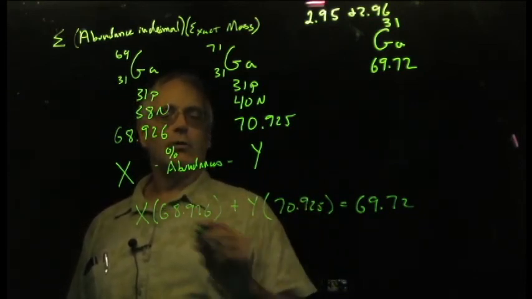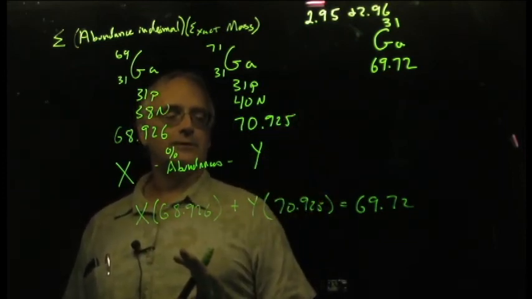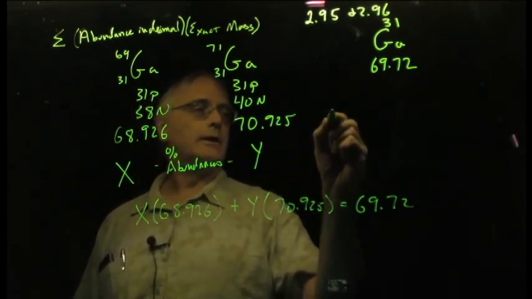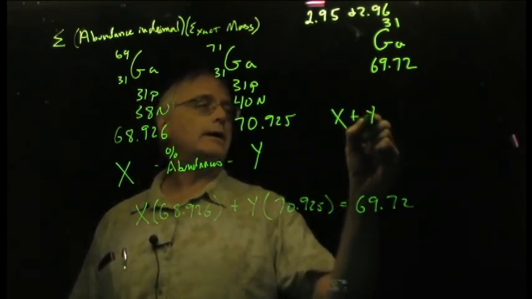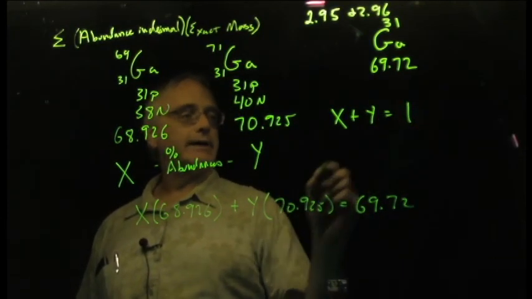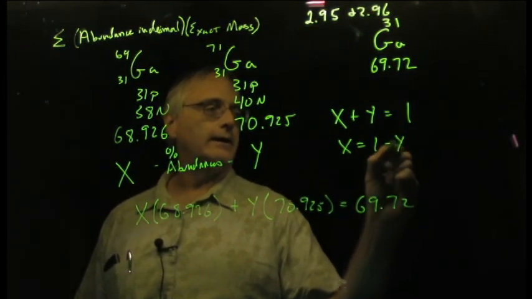Whatever x is in its percent form and whatever y is in its percent form add up to 100. Or, in decimal form, x and y add up to 1. Okay? And thus, I can say, well, x, therefore, is 1 minus y.